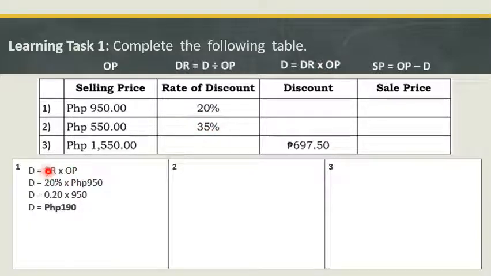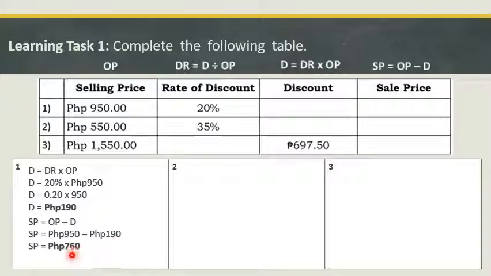So, anong discount rate natin sa number 1? 20%. Ano ang ating original price? 950 pesos. So, yung 20%, convert natin into decimal, magiging 0.20 times 950, makukuha natin is 190 pesos. Ito yung discount. So, para makuha naman yung sale price, ma-minus lang natin ang original price sa ating discount.